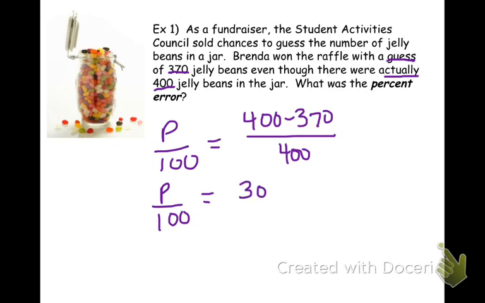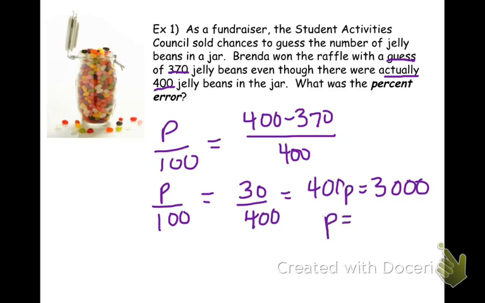There's a difference of 30 over 400, which gives us this equation. 400P is equal to 3,000, and when we solve, P is equal to 7.5%. There was 7.5% error between her guess and the actual amount.